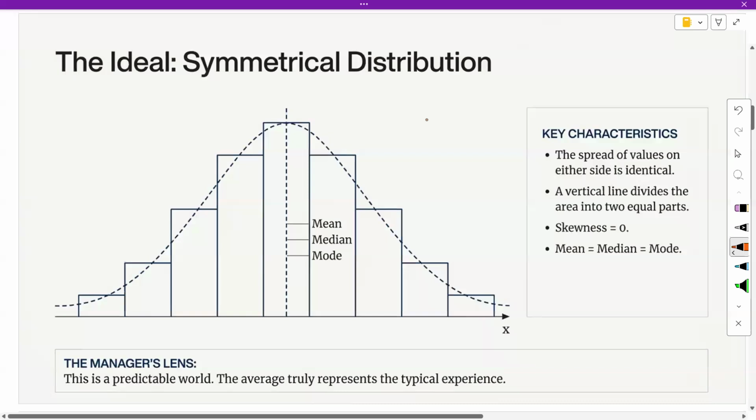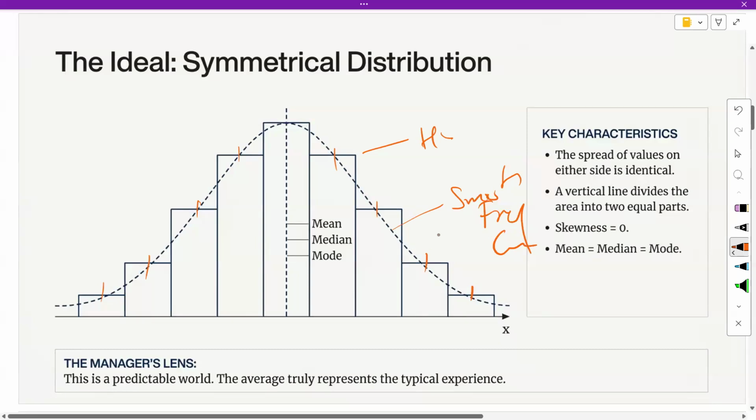The ideal is the symmetrical distribution. You see, this is a histogram. This is the histogram originally, and we draw a line on the midpoint of these columns, and we connect all these midpoints of the histogram. Then we will get a smooth frequency curve.